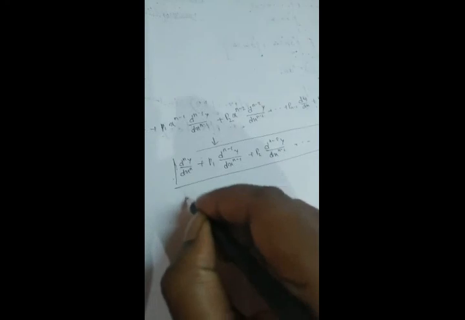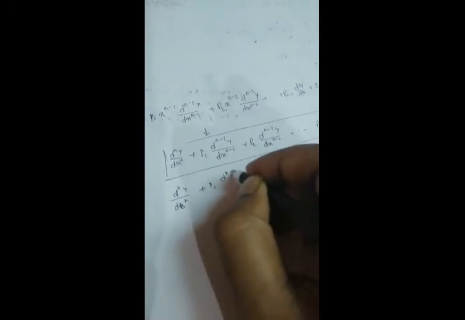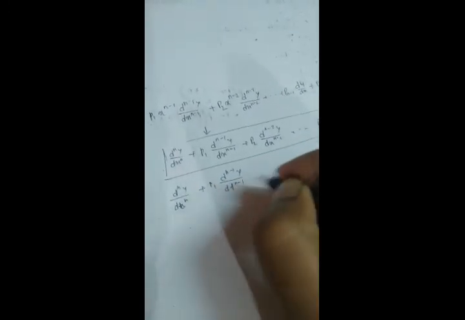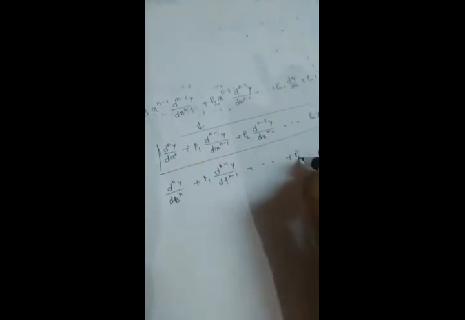Since we have to change the independent variable, it must be of the form d^n y/dt^n + p1 d^(n-1) y/dt^(n-1) + ... + pn y = z(t), and then we solve this equation where p1, p2, ..., pn are all constants.